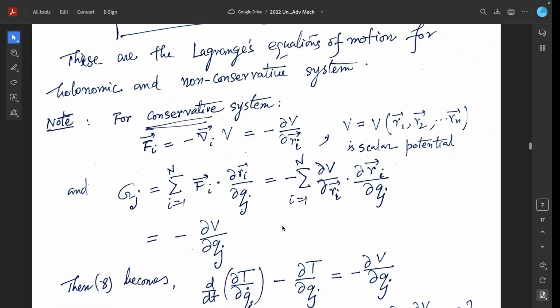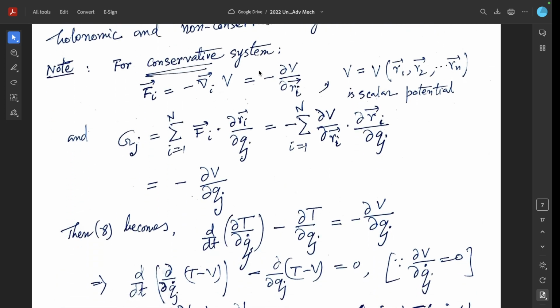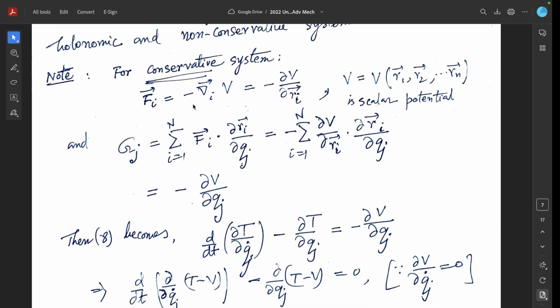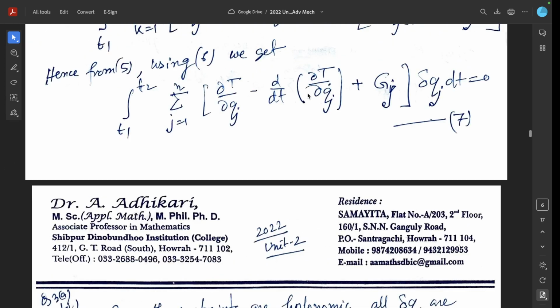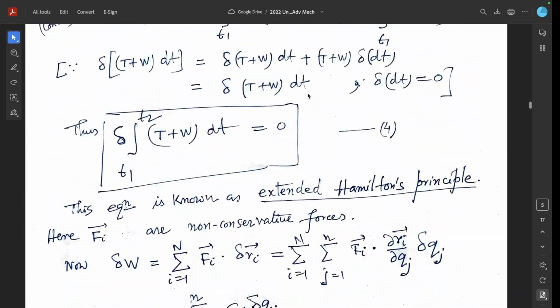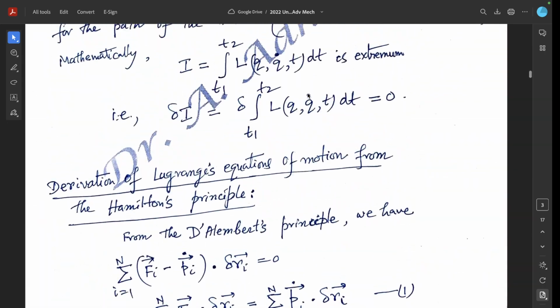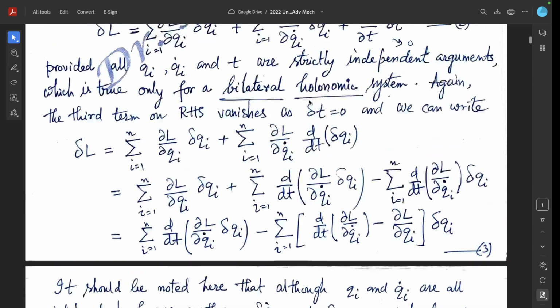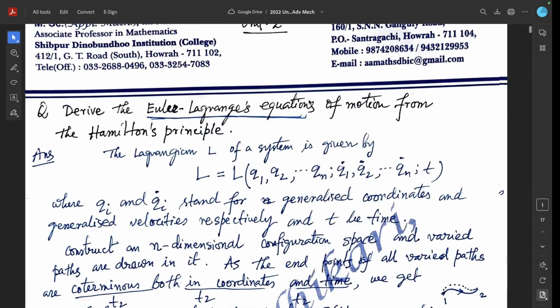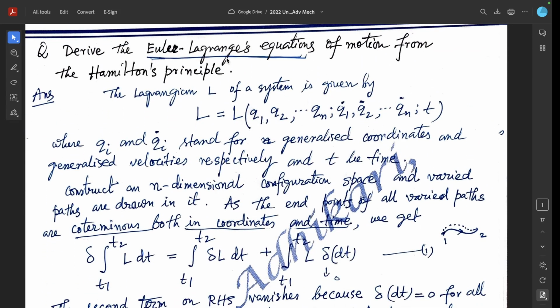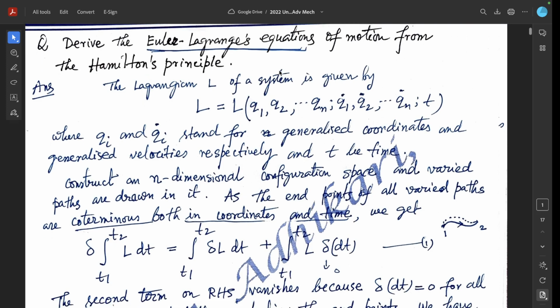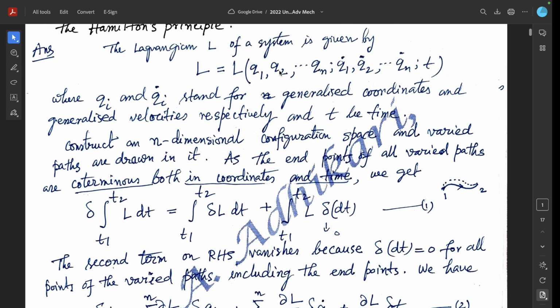Next we derive the conservative case, where force is conservative, but it is a lengthy process, so I prefer the alternative process at the beginning of the PDF. This Euler-Lagrange equation is actually the Lagrange's equation of motion from the Hamilton principle.